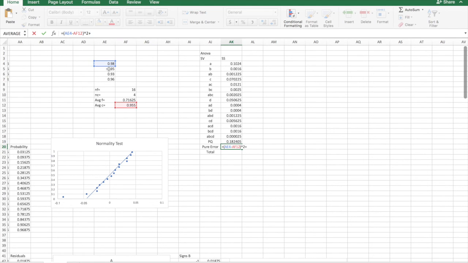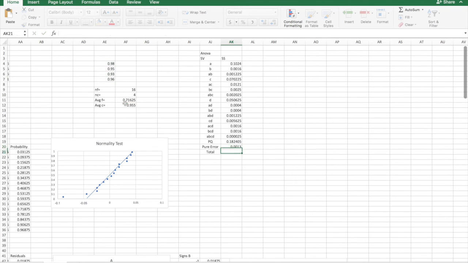Plus this, I'm gonna do parentheses, minus this squared plus this minus this squared plus this minus this, hold on, squared, squared, squared, squared.